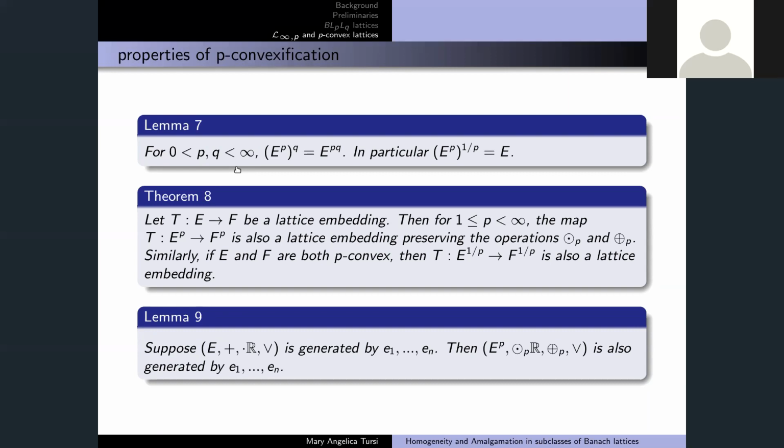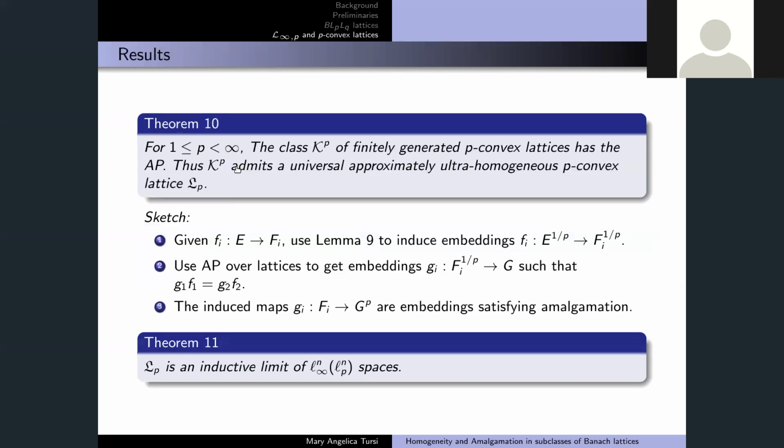And if you have something that is finitely generated, then it's going to be finitely generated in the P-convexification.